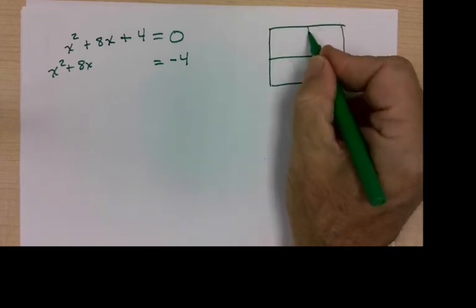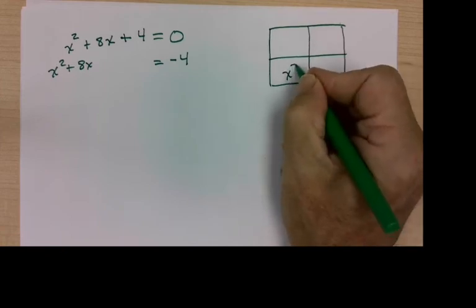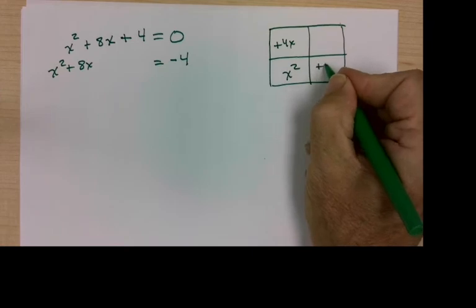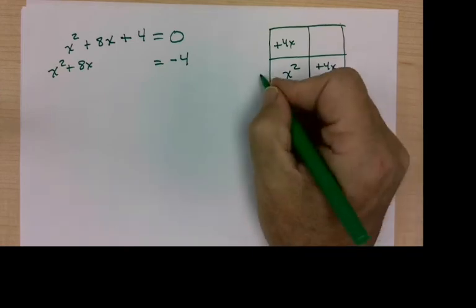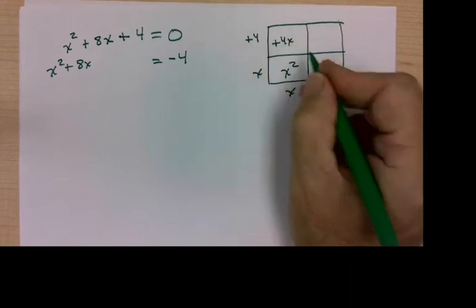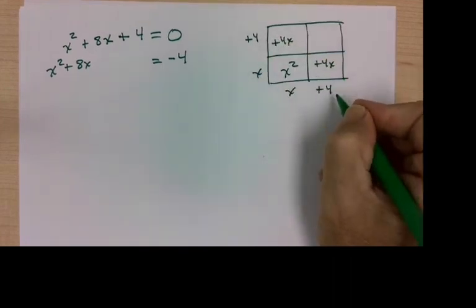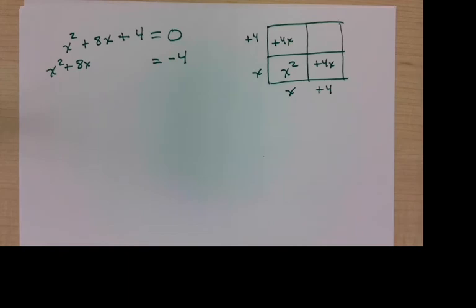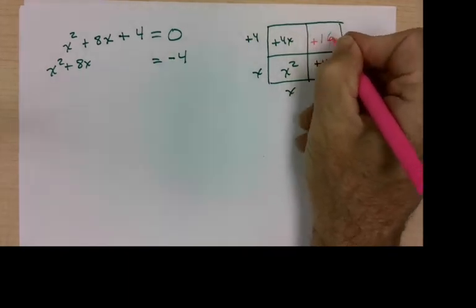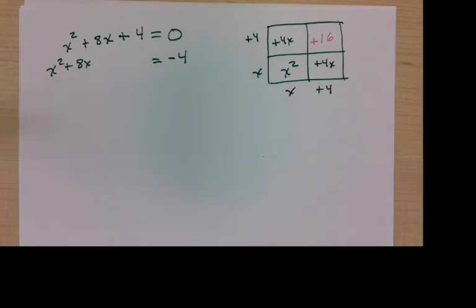So let's do that. I have x squared plus 8x. 8x is split into these two boxes. Both should be plus 4x. So x times x is x squared. x times plus 4 is plus 4x. x times plus 4 is plus 4x. So to complete the square, plus 4 times plus 4 is plus 16.